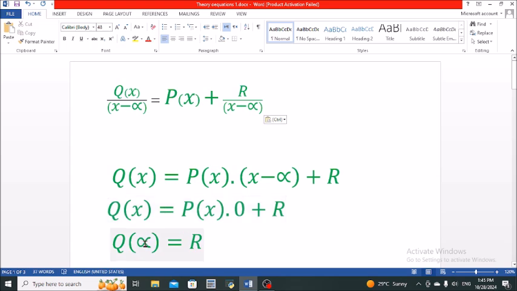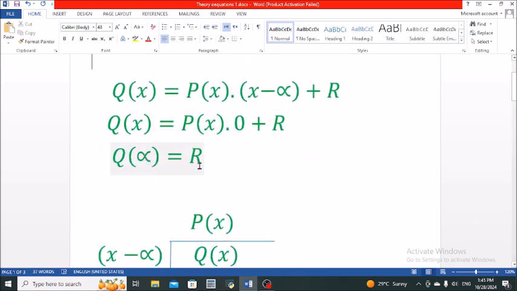So q of alpha equals r. If we divide q of x by x minus alpha, we obtain a function and a remainder. The remainder is equal to the value of q when x equals alpha. So we have obtained a theorem here that q of alpha equals r.